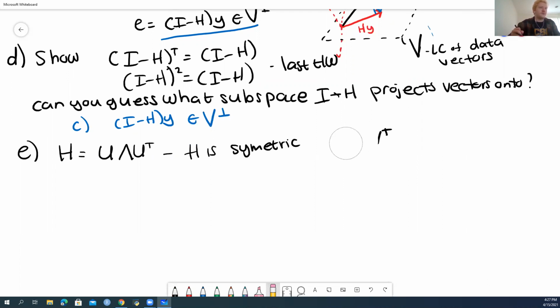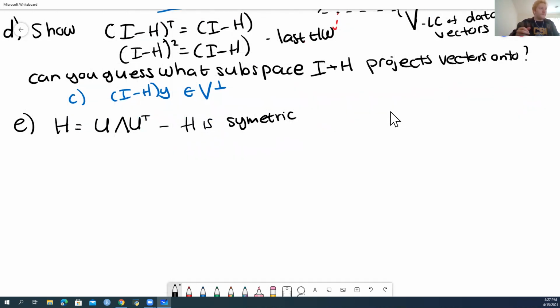There are too many matrix decompositions. This is always my worst thing. Anyway, yes, you can write it like this. And remember, U is orthogonal. The orthogonal matrix means that U transpose is equal to U inverse. That's what orthogonal means, in case you've forgotten.